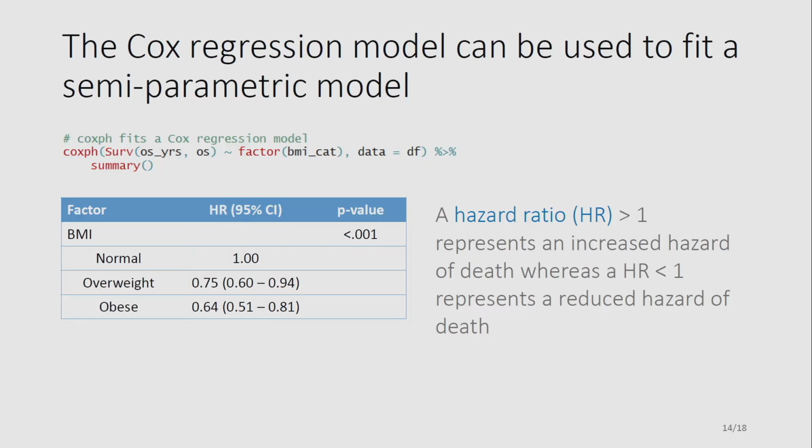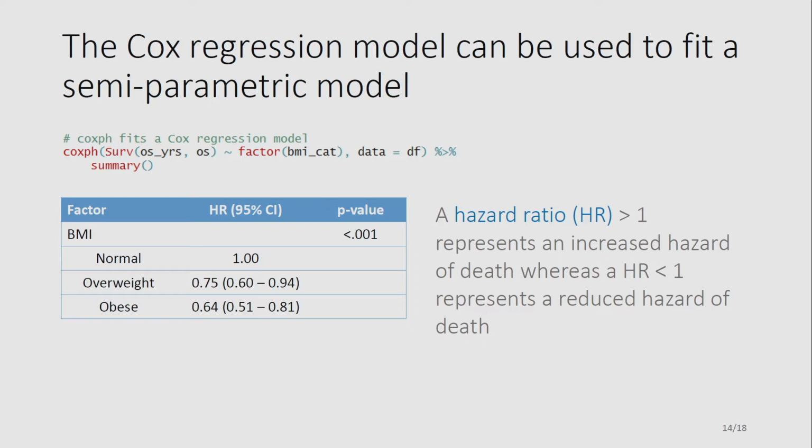Another way of testing for differences between groups is to fit a regression model. A common regression model that would be used for this is a semi-parametric model known as the Cox regression model. There are also many parametric forms of regression models available for censored data, but I'm not going to get into those today. So we would do this using the coxph function, with similar syntax to what we saw before using survfit.